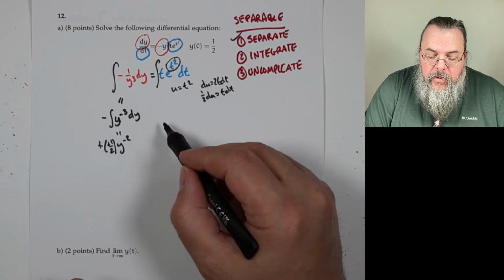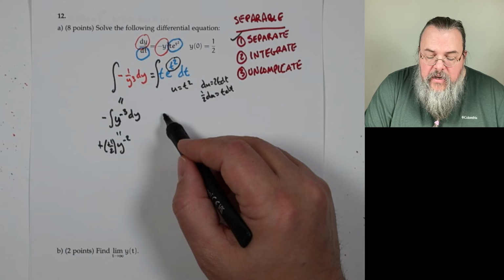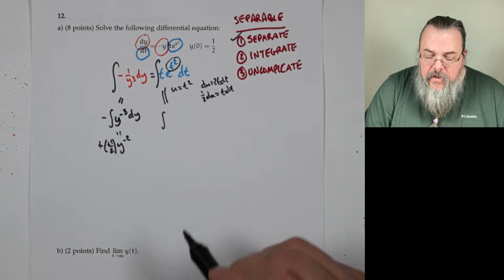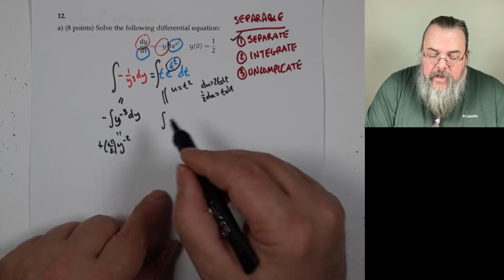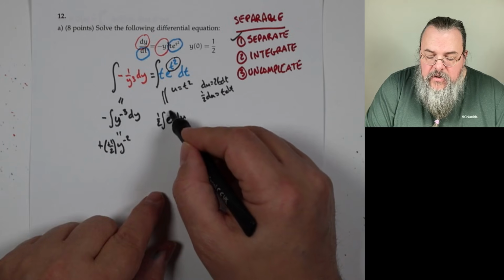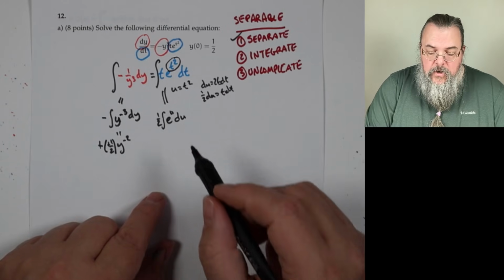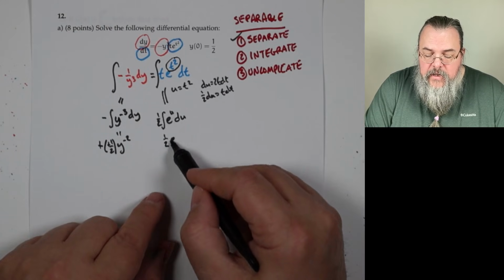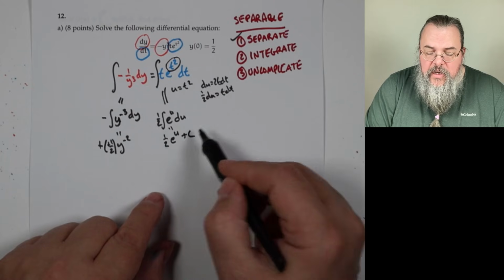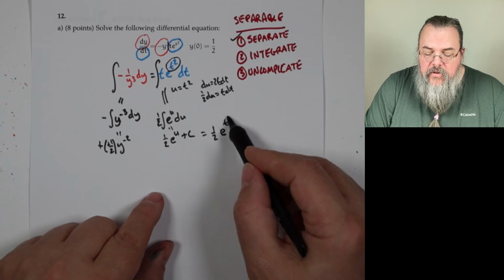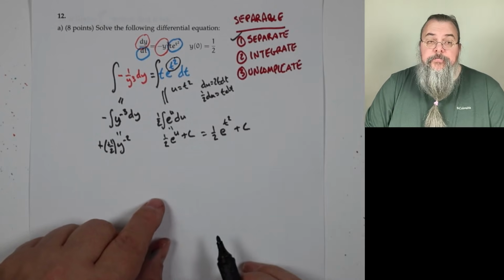So this becomes the integral of 1/2 du e to the u, which is 1/2 e to the u plus c, which is 1/2 e to the t squared plus c.